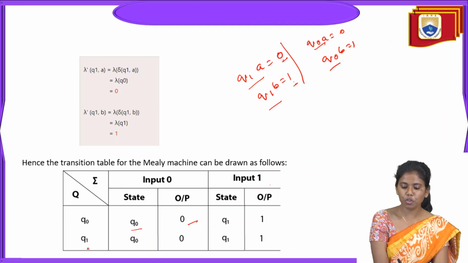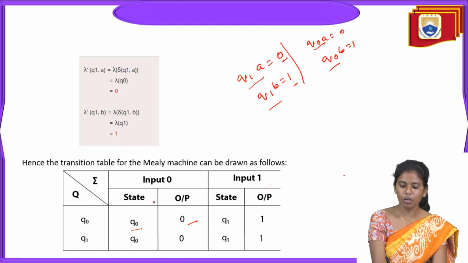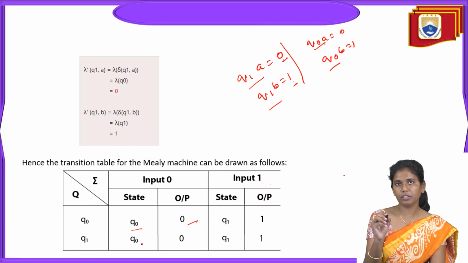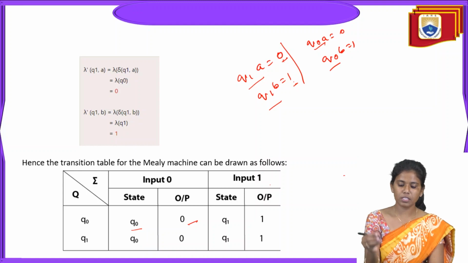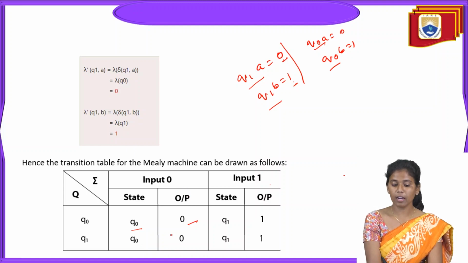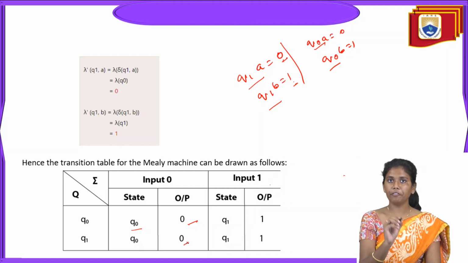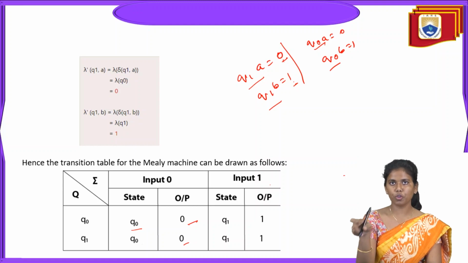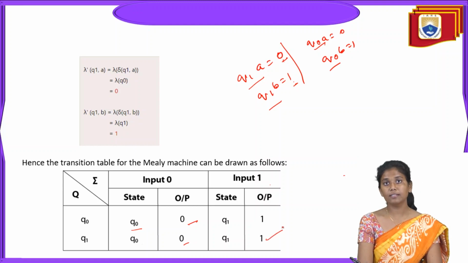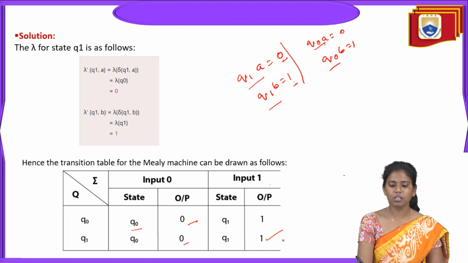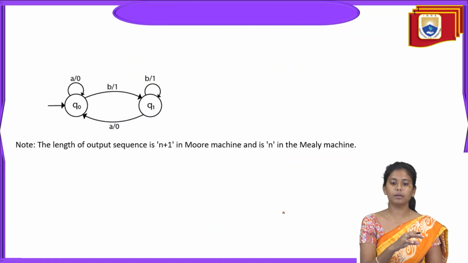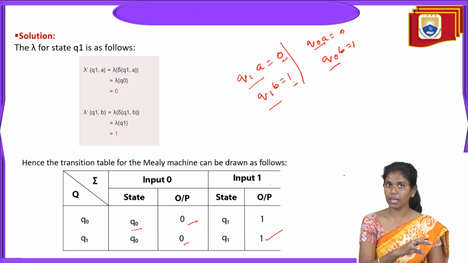Then with respect to Q1, when the input is 0, the state stays within itself, Q0, and if it is within itself, the output is 0. And if it takes its transition from Q0 to Q1, then the output goes high, that is 1. So this is a simple basic conversion of how to convert a Mealy to Moore.